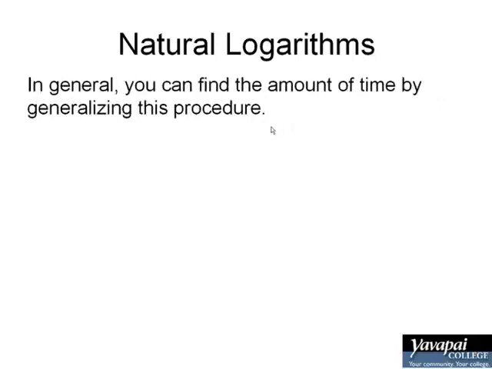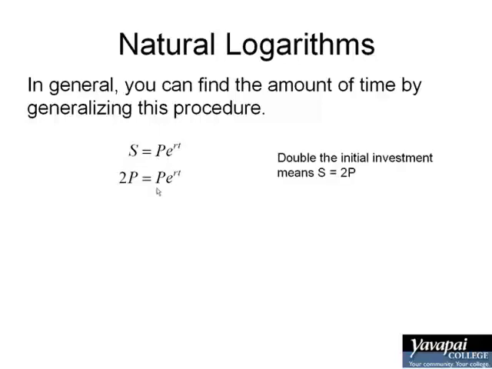Now in general, we can find the amount of time it takes to double our money by generalizing this procedure. So again, we'll start with s equals p times e to the rt. We want to start with p and double our money, but this time I'm not going to put any value in for r because we're generalizing this. We divide both sides by p. I get 2 equals e to the rt.